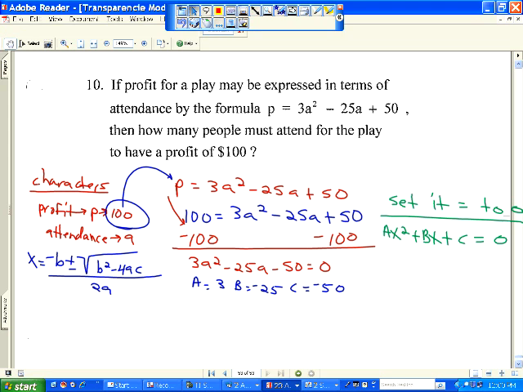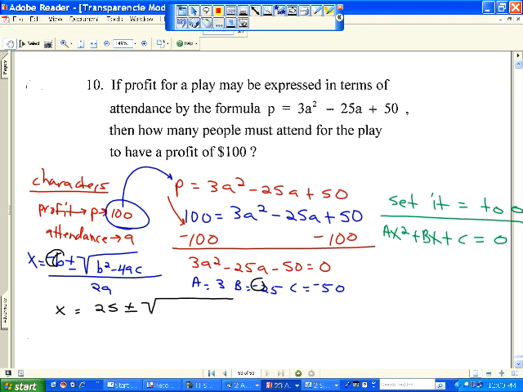So we're going to plug into our formula. I'm going to start over here so I'll have a little more room. We're going to have x is equal to the opposite of b. So we're talking about the opposite of a negative, which is a positive 25, plus or minus the square root of my b squared.